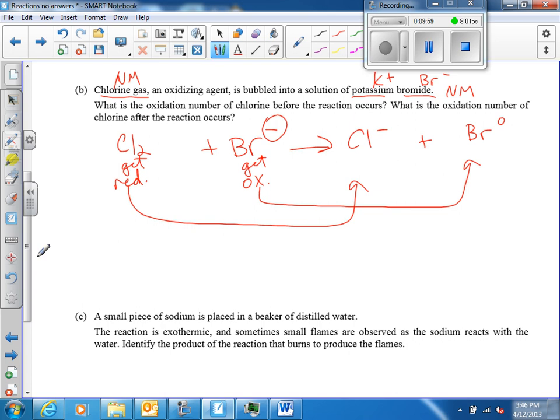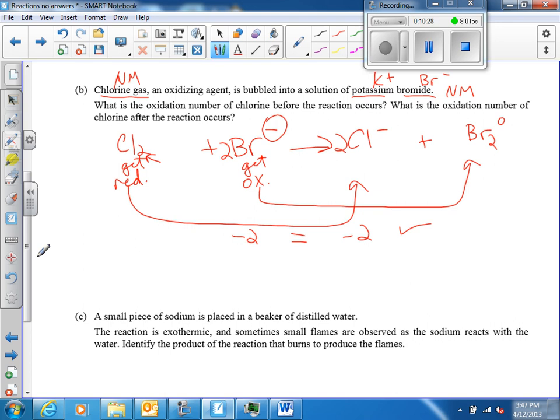Now Hofbrinkel, Br2. When bromine is by itself, there's always 2. And chlorine, hopefully you remember to put the 2 right there for the Hofbrinkel. Now we have to balance 2 and 2. You check your charges to make sure the charge is balanced. On the left side I have -2. On the right side I have -2. I'm good. Okay, there's my reaction.